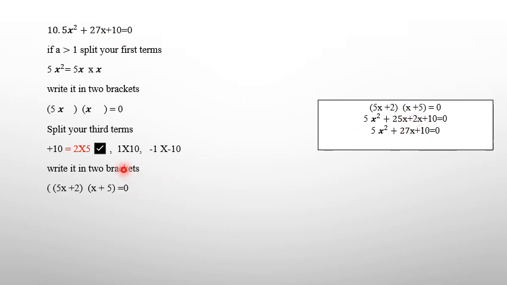So our selection of numbers was correct. If I select 1 and 10 and you try multiplying, you write 5x plus 1, x plus 10 and multiply, you will not get the same as your question. So that's why I have selected this. A simple clue, as I told you: don't select the same table until it comes.